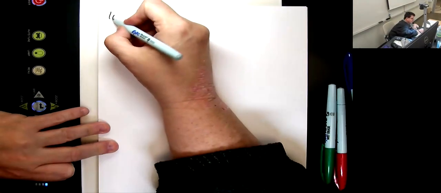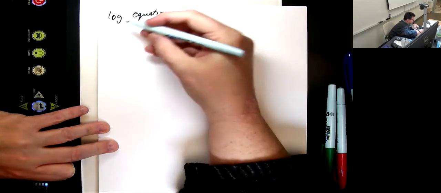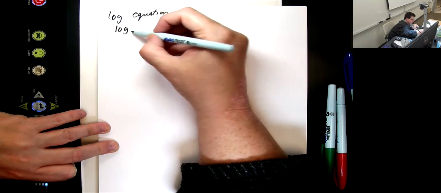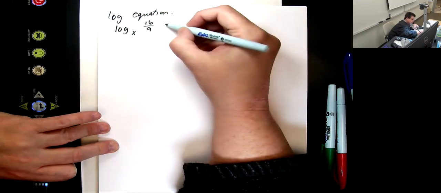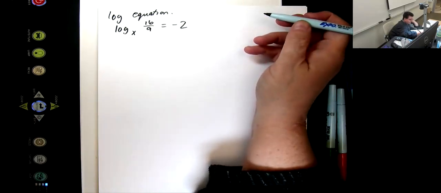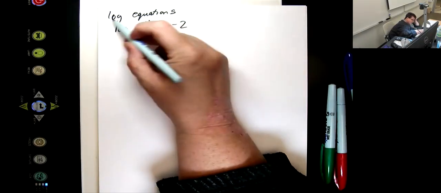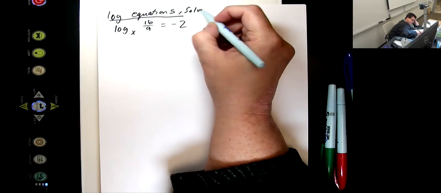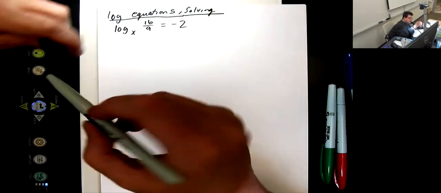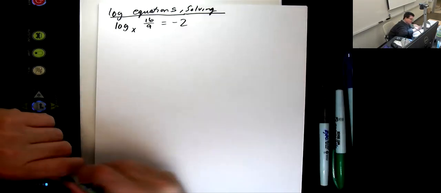Let's look at some examples for equations. So our base here is x, and we need to strip it out.